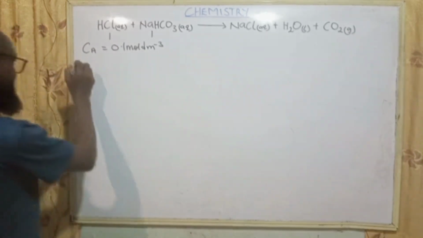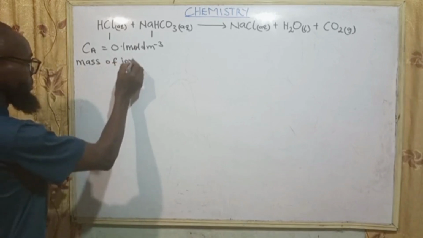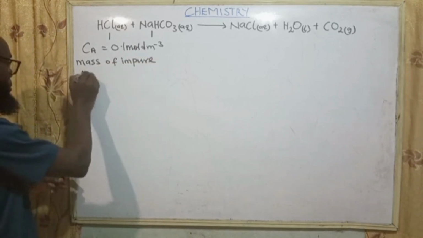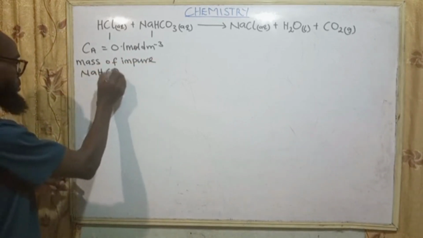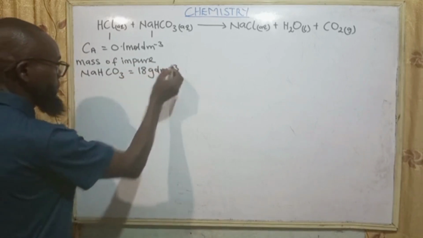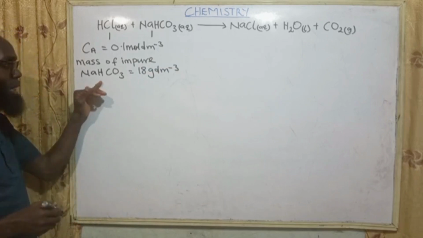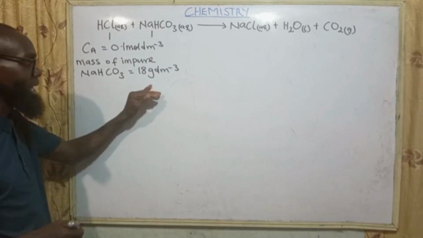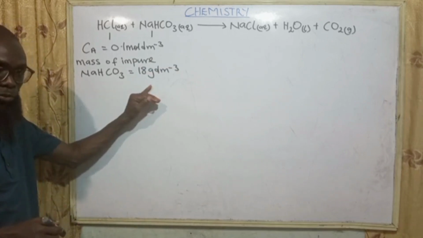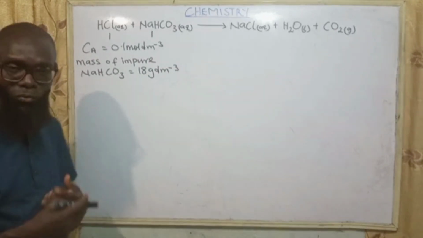So the mass of impure sodium hydrogen carbonate is 18 grams per dm cube.